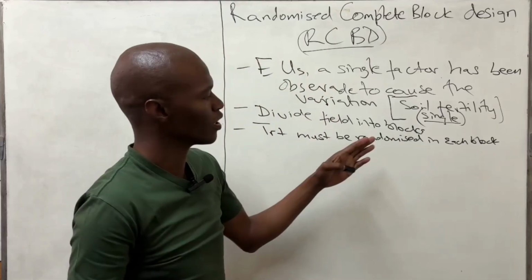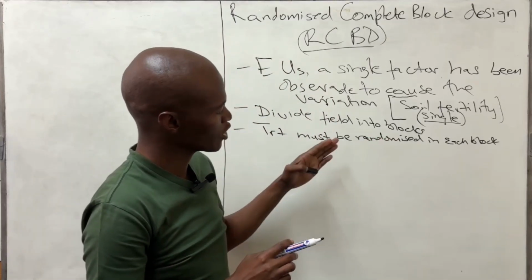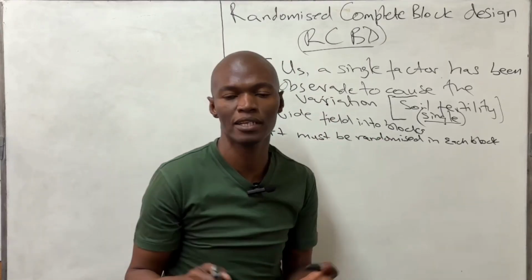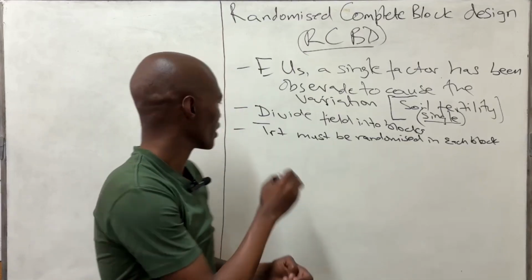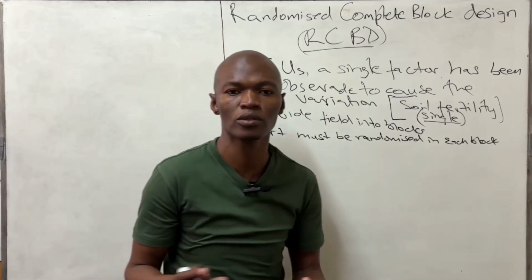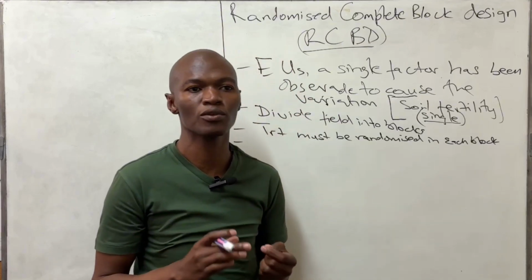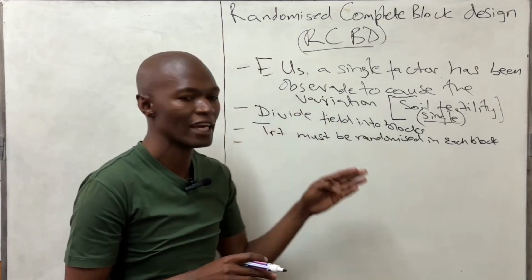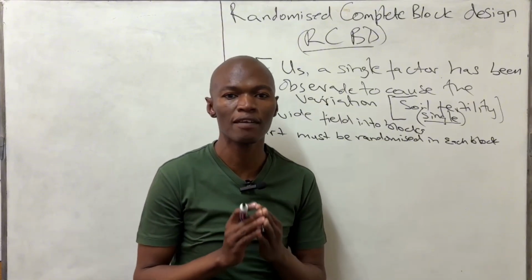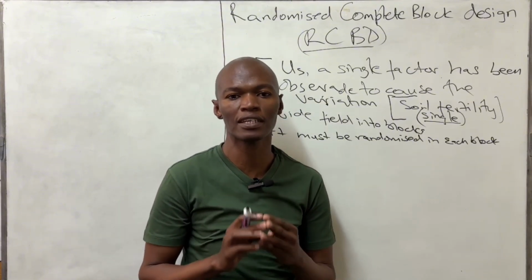Remember, now you are going to have blocks, so make sure that in each block the treatments that you have must be randomized. And then the other thing that we have to take note of is that all the experimental units have equal chance of receiving the treatment.